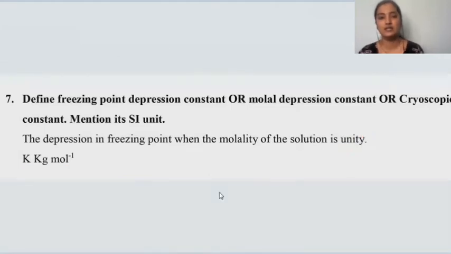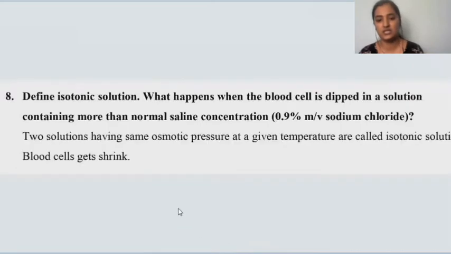Now children, let us move to the next question. The next question is: define isotonic solution. When you consider solutions, there are three types we can see. One is the hypotonic solution, one is the hypertonic solution, and the next one is the isotonic solution.